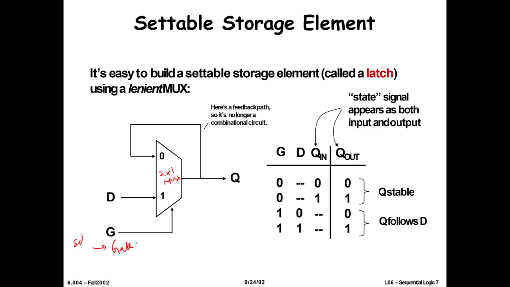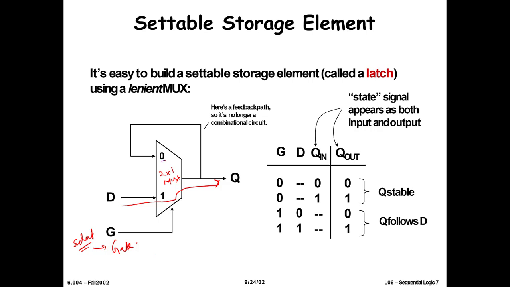Now the select line, we call this select line gate. So when the gate is 1, whatever is at the input goes to the output, which is called Q. But what happens when the gate is 0?